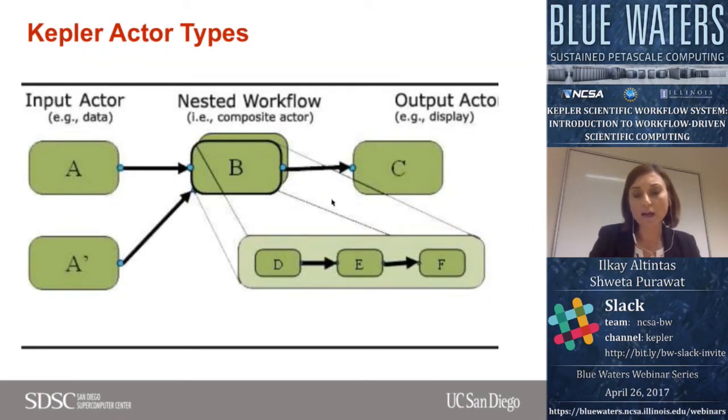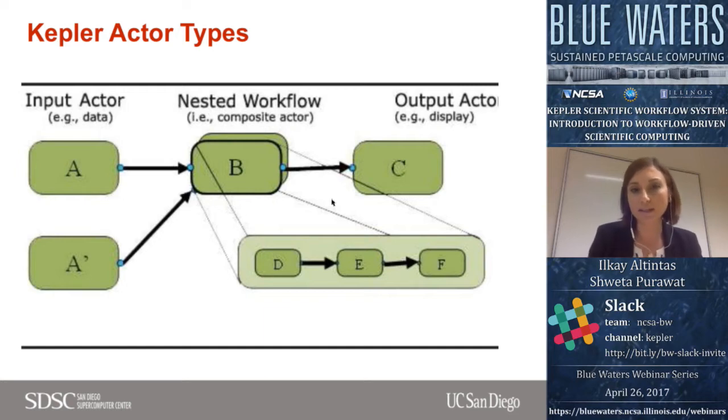Actors also come in different types. There are input actors that don't have inputs themselves. They just produce some values for others, or access some data resource. And there are also nested workflows that conceptually bring together a sub-workflow, a graph, like an actor.